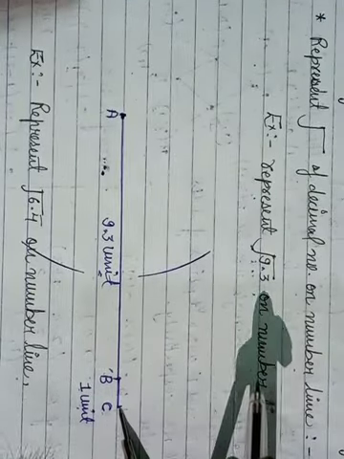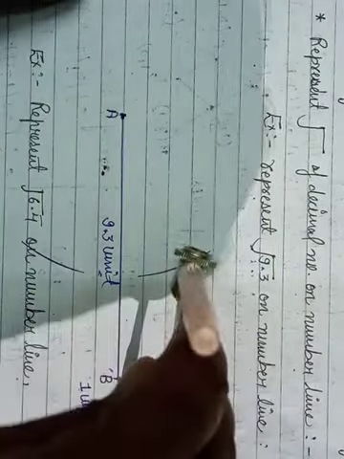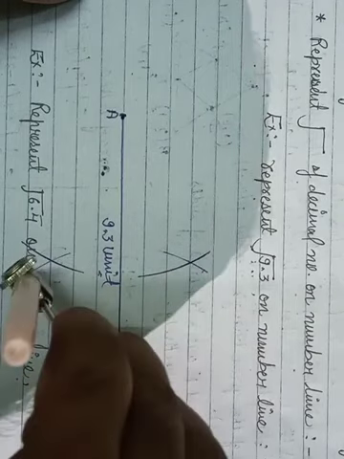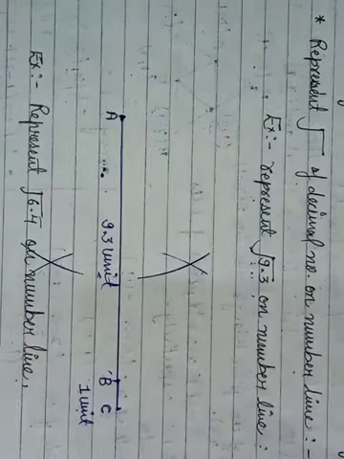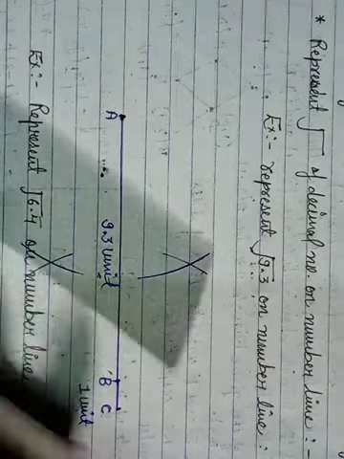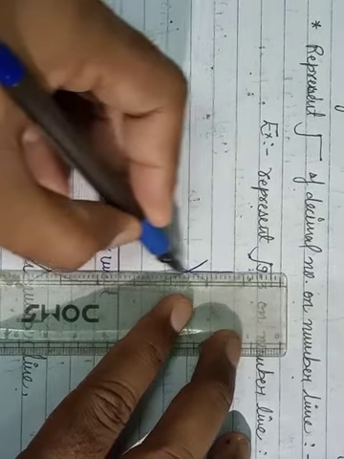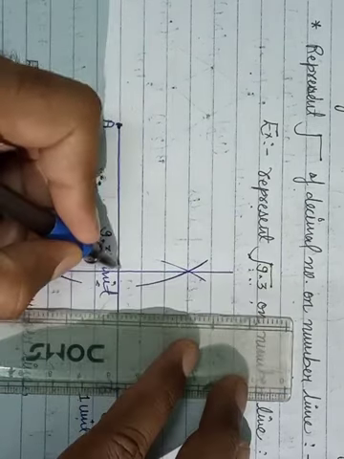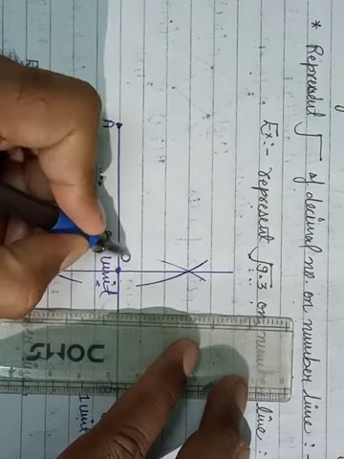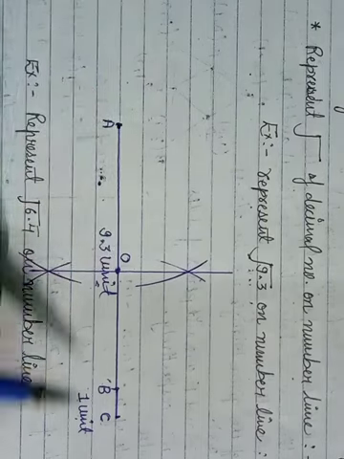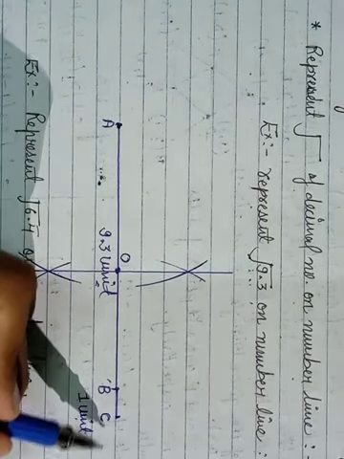Now taking C as a center and with the same radius cut an arc. Now we will draw the bisector which meets the line at point O. Remember that this point O is the midpoint of AC.